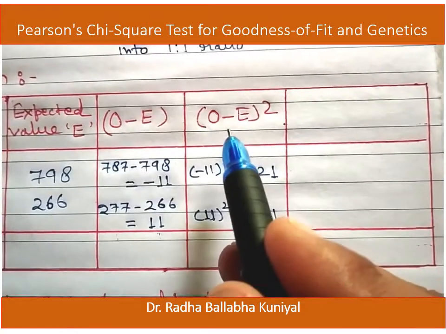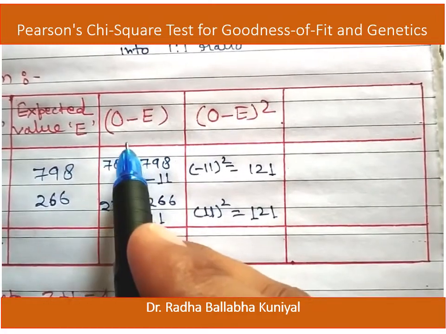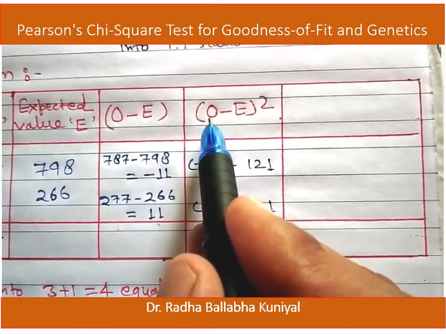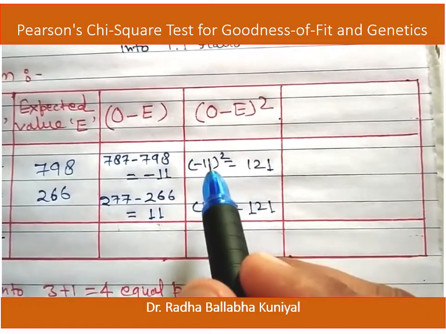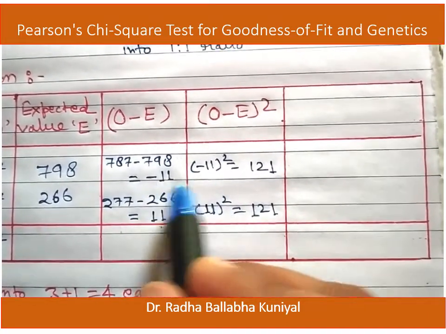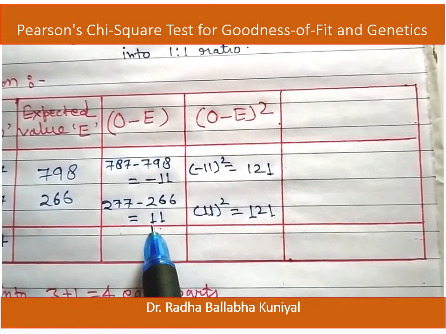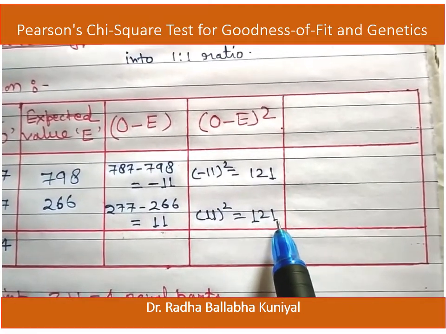Now in the fourth column we have to square this value, thus we will write the caption as the whole square of O minus E. Here the square of minus 11 will be 121, and again the square of 11 will be 121.